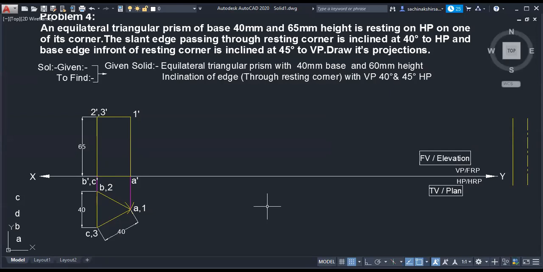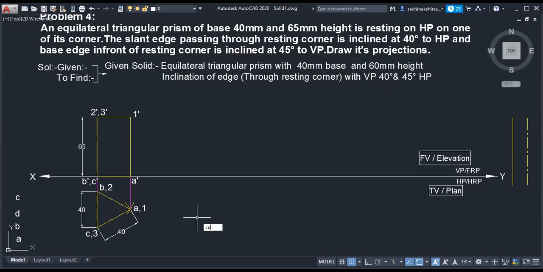Up to this, any problem? No, sir. Now, will you tell on which corner this prism is resting? Corner A, because we have drawn it towards the right hand side. Right now it is resting on its base because the base is touching the reference line XY.